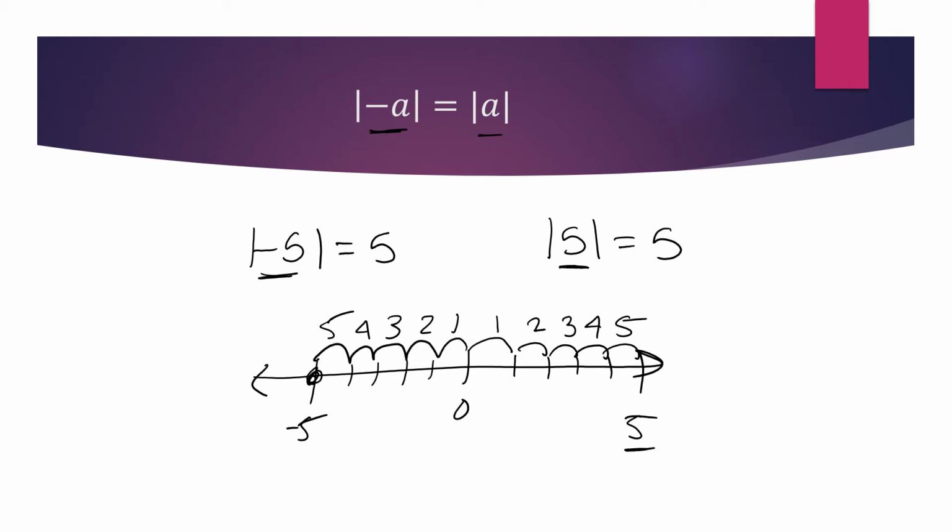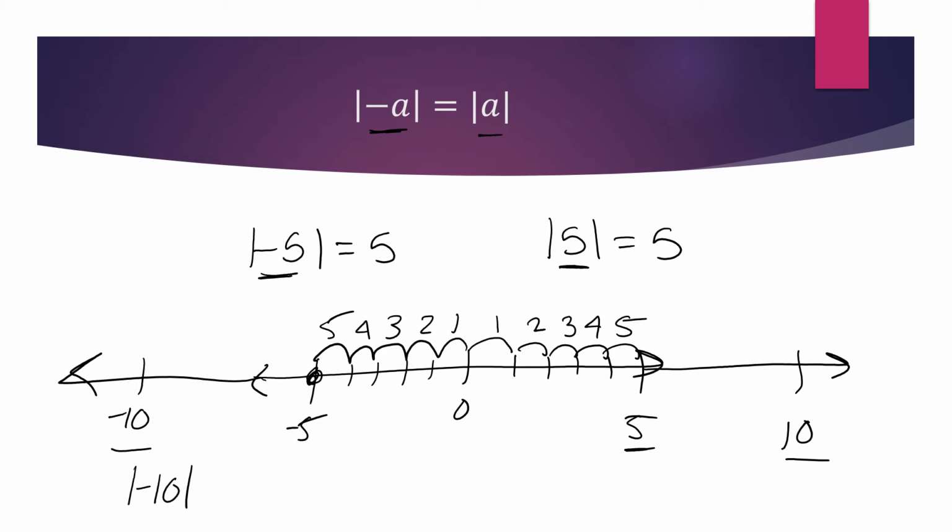You will always notice that even if you extended this number line and you talked about maybe -10 and +10, their absolute values will also be equal to 10. So if you take the absolute value of -10, you get +10. The absolute value of +10 also equals +10. So no matter what two numbers you pick, they have to be opposite numbers.